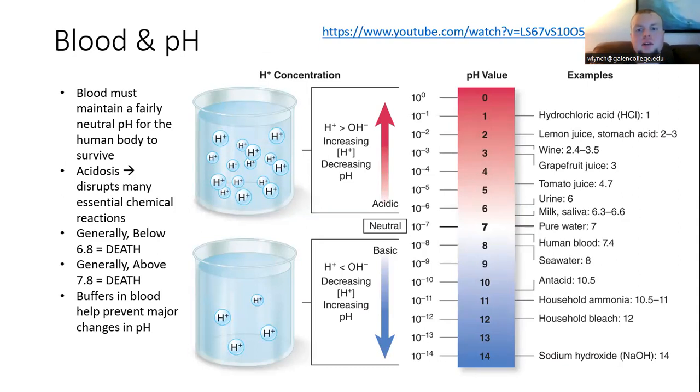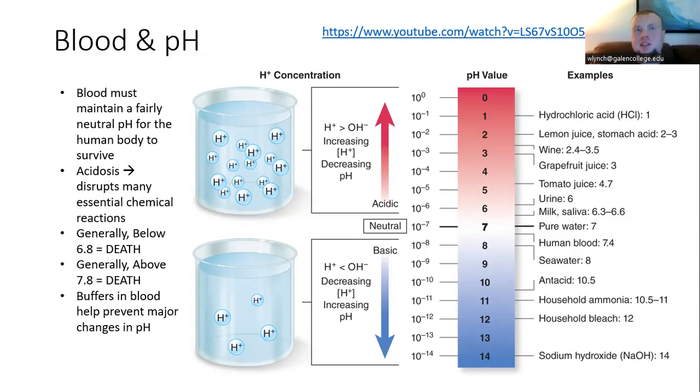Human blood is normally around 7.4, which is close to neutral. Neutral is 7, and 7 is based off of the amount of hydrogen ions that is located in pure distilled water. So everything is around that 7 number.